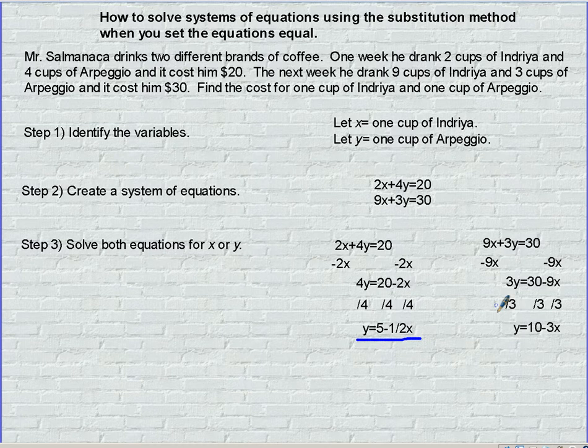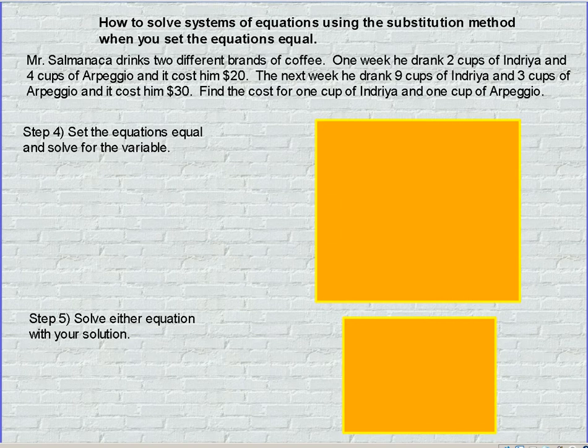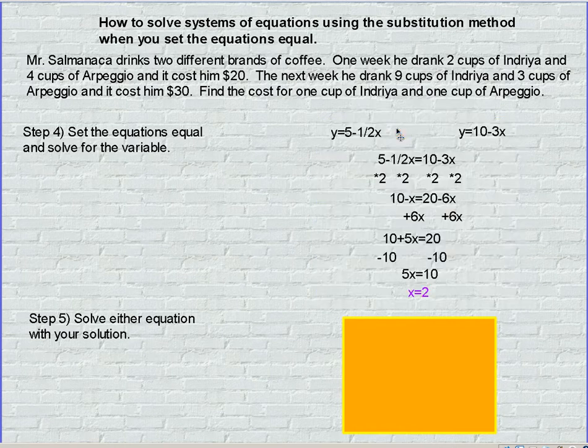Solving for y in the second equation gives us y equals 10 minus 3x. Now what we need to do is set the equations equal and solve for the variable. Setting them equal, so we have this equation and this equation. We set equal to each other.